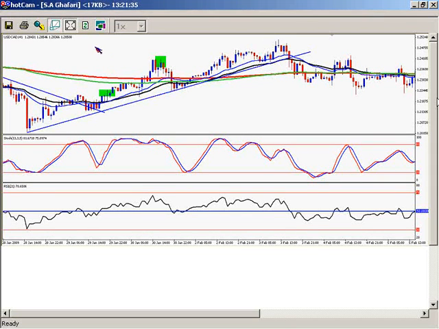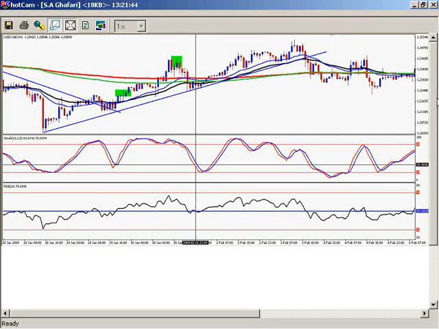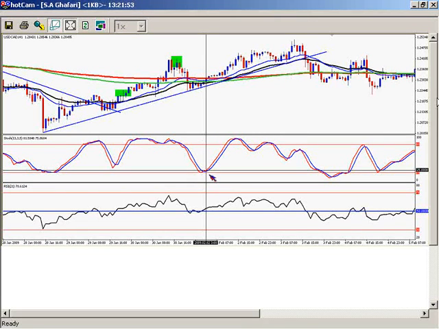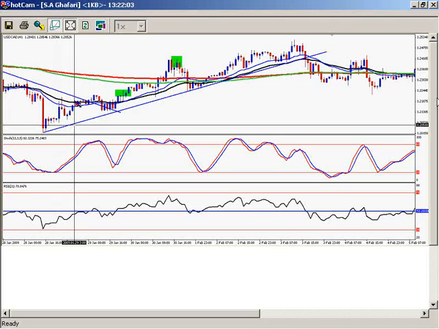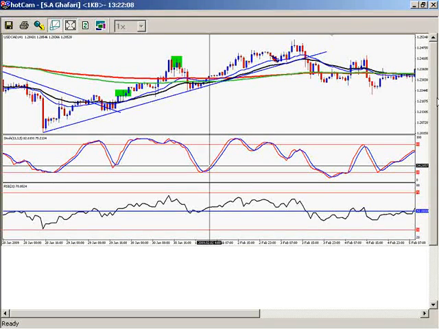Let's imagine we had a crossover again here. We had an almost oversold area here because the stochastic touches the 20 level. So this is a very good point for buying. Why? Because we have an uptrend, which is determined by drawing a trend line.